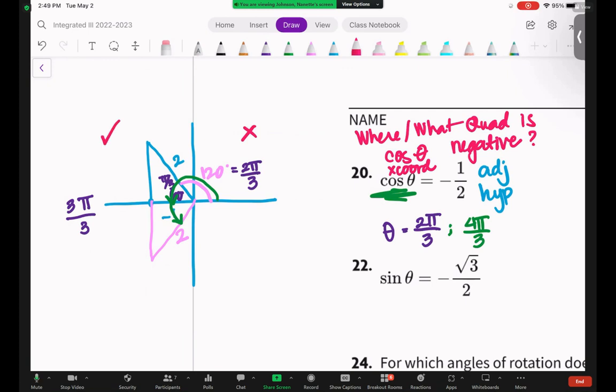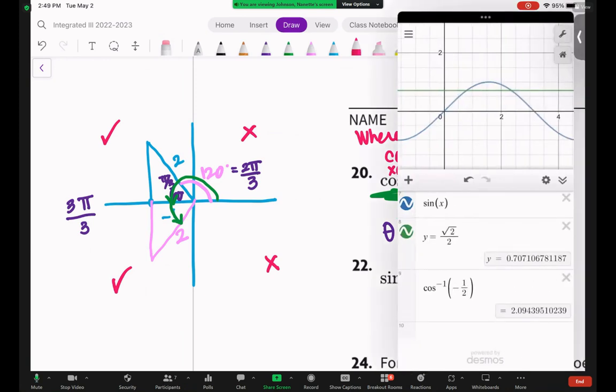Here, x is negative because we went left. Here, x is negative because we went left. And not here because x is positive because we went right. So the fact that we have two triangles already built there, that's the reason why we have those two answers. Does that make sense? Okay.